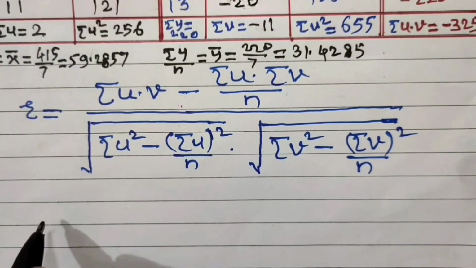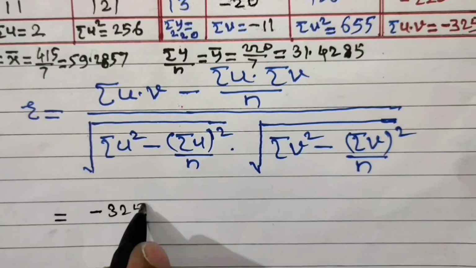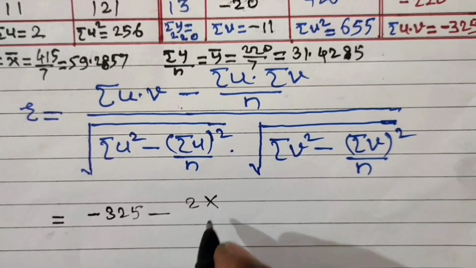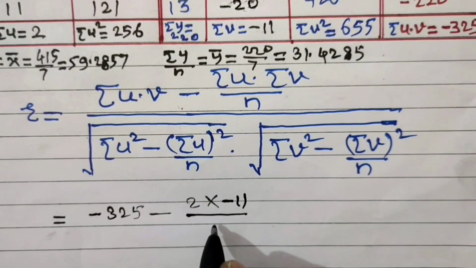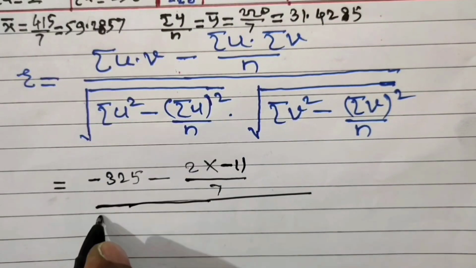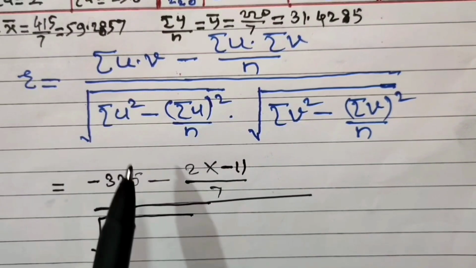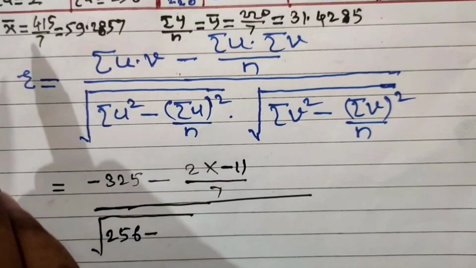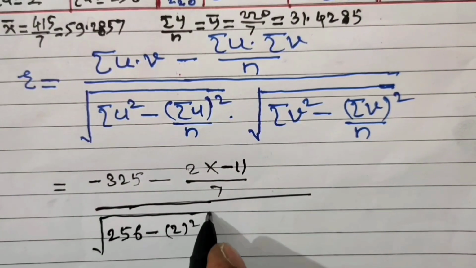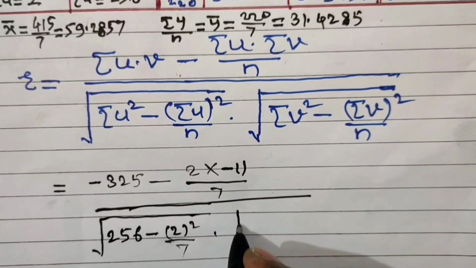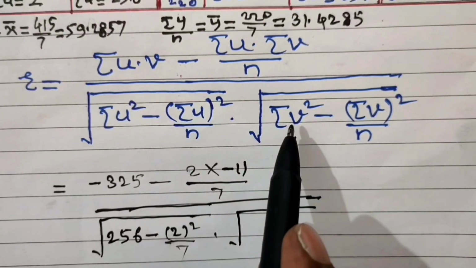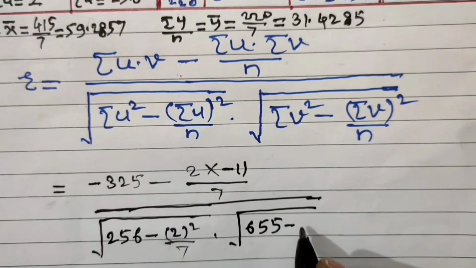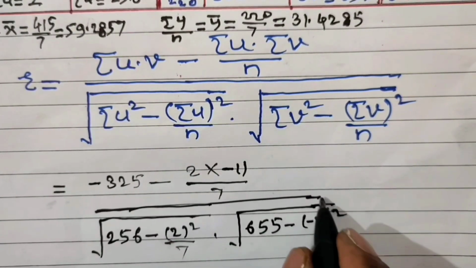Hence R is equal to minus 325 minus summation of u, which is 2, into summation of v, which is minus 11, divided by n, which is 7, and then whole divided by, in first square root, summation of u square, which is 256, minus summation of u, which is 2, square divided by 7, into, in second root, summation of v square, which is 655, minus summation of v, which is minus 11, square of this divided by 7.